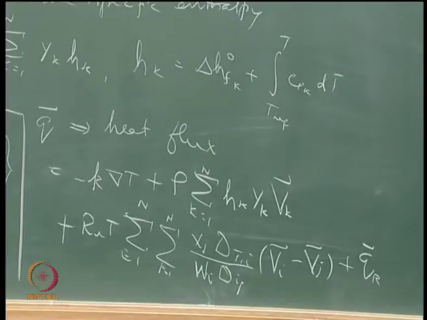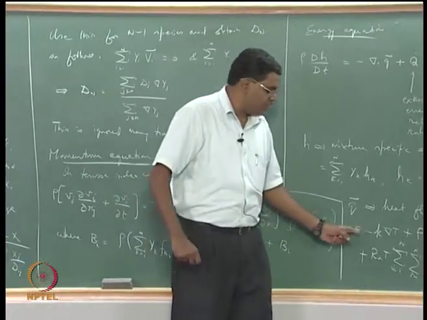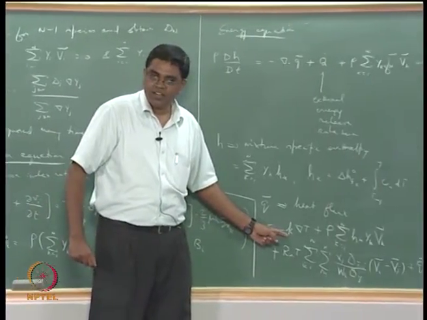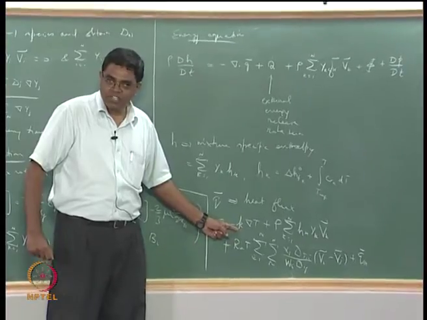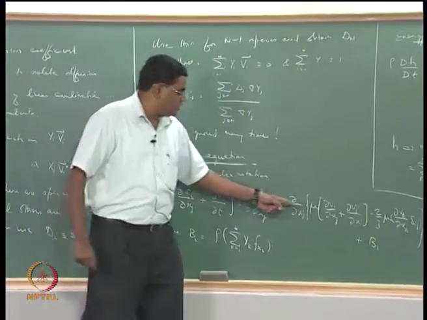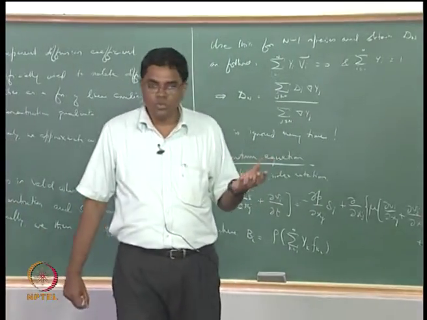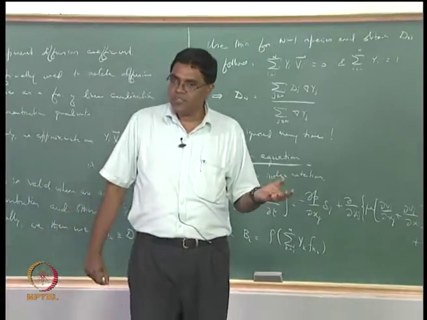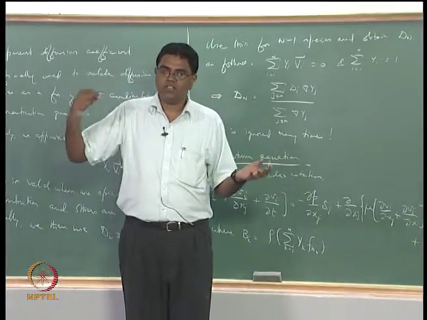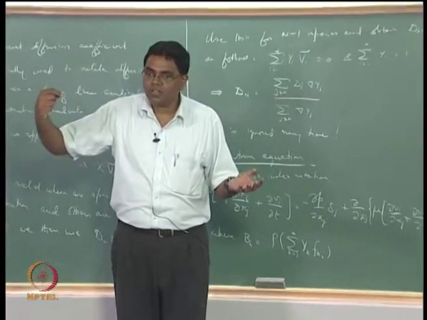But the fluid is actually a mixture of lots of species. So what is this K? It's the conductivity of the mixture, similar to mu being the viscosity of the mixture. So we need an idea of how to deduce the conductivity and the viscosity of a mixture whose composition is yet to be solved for.